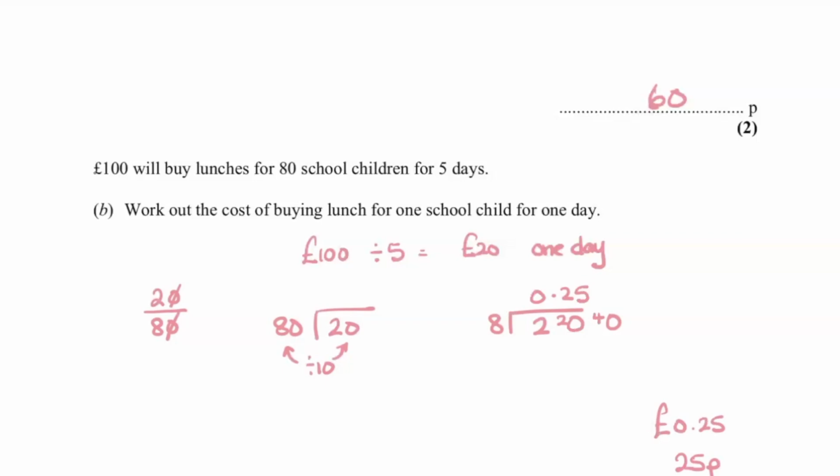Now, I have seen students write 0.25 pence. And if you do that, you will not get any marks, because what you've done is combine 2 different units into your answer. It's a bit like saying that something is 25 meters and then you're trying to say it's centimeters at the same time. You just can't really do that. So that would not be an okay answer.